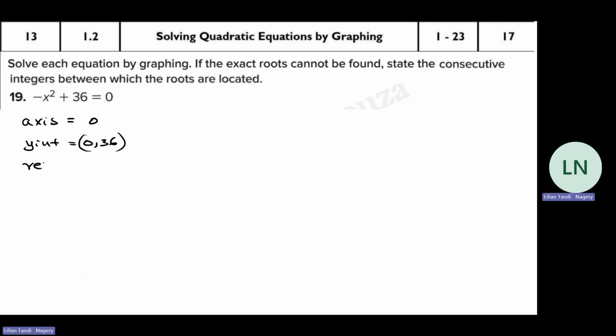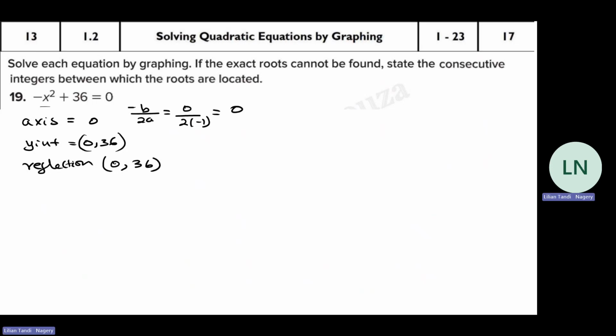I found my reflection, 2 times axis. How did I get 0 for axis? Oh, b is 0. So negative b over 2a. I don't have b, so 0 over 2 times negative 1 gives me 0. So reflection is also 0.